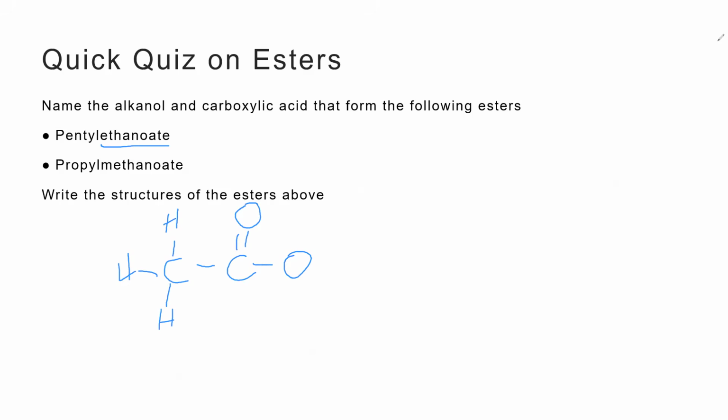Then the pentyl part has how many carbons? Because it is pent, 5. So we have 1, 2, 3, 4, 5. Pentyl. So we fill that with hydrogens. Make sure every carbon has only 4 bonds. No carbon has more than 4 bonds.